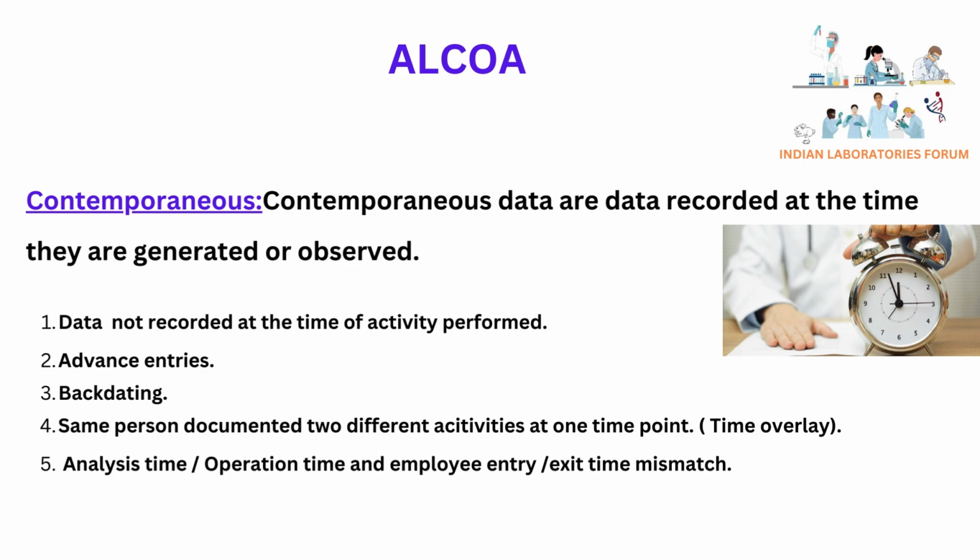Advance entries. Backdated entries. Time overlay, such as the same person documenting different activities at one time point. Example: analysis time and employee entry and exit times are mismatching. The employee entered the lab after starting the analysis and documented as the same employee performed the analysis.